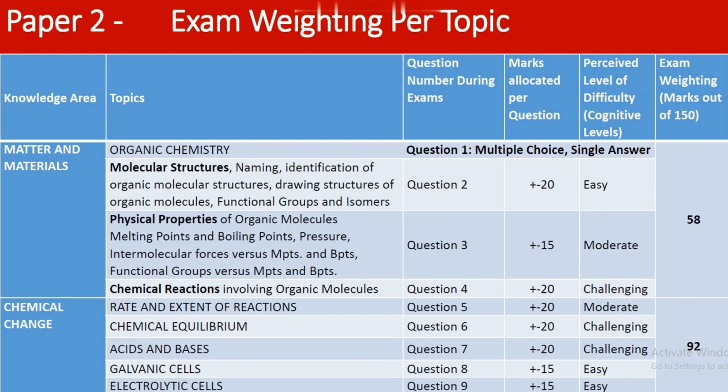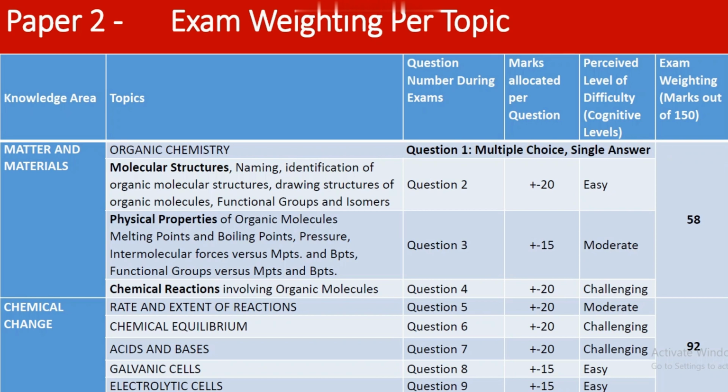For now, I'm just pointing out the marks allocated and how easy that topic is compared to others, so that you can divert your energy to specific topics that matter most, or specific topics that are easy to get. Okay, acids and bases, it's another challenging one.